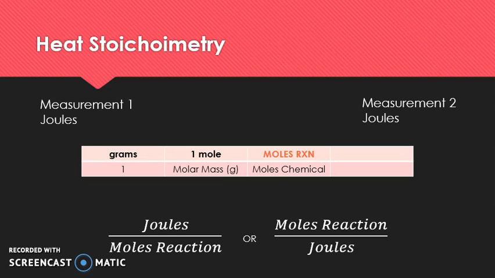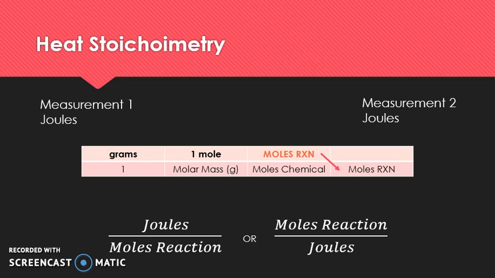Now remember, when we've been talking about moles reaction, that's the entire chemical equation. And since the entire chemical equation represents moles reaction, the number in front of it is always going to be a 1. So it's always 1 mole reaction. Now the moles of the chemical underneath that could be different. That depends on the coefficient that's in front of that specific chemical in the balanced chemical equation.